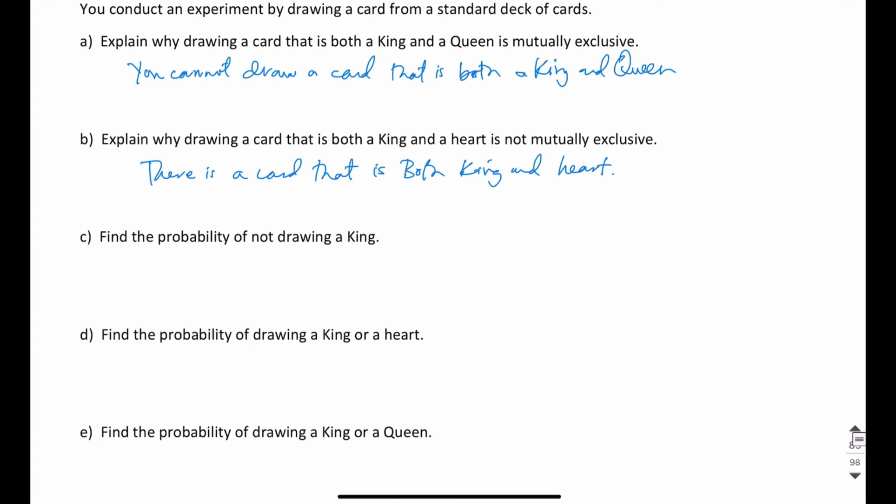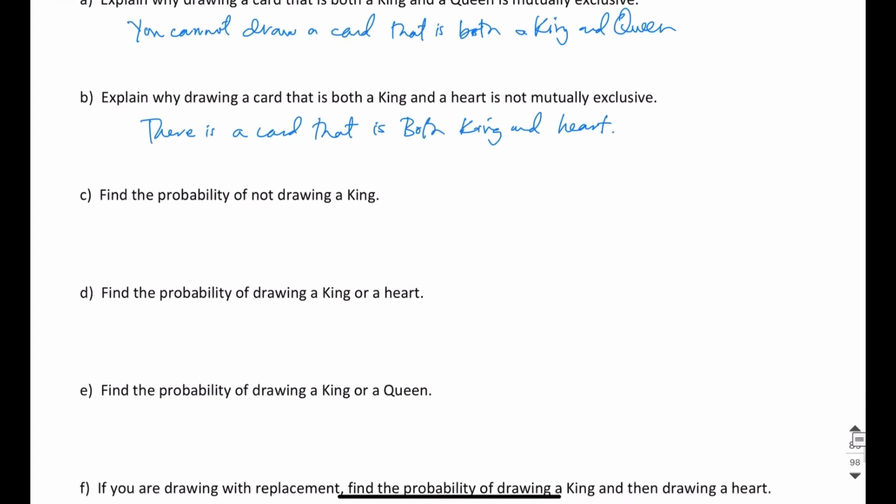Now, let's find the probability of not drawing a king. Not drawing a king is the complement of drawing a king. So the probability of not king is equal to 1 minus the probability of drawing a king. What's the probability of drawing a king? There are 4 kings out of the 52 cards that we have.